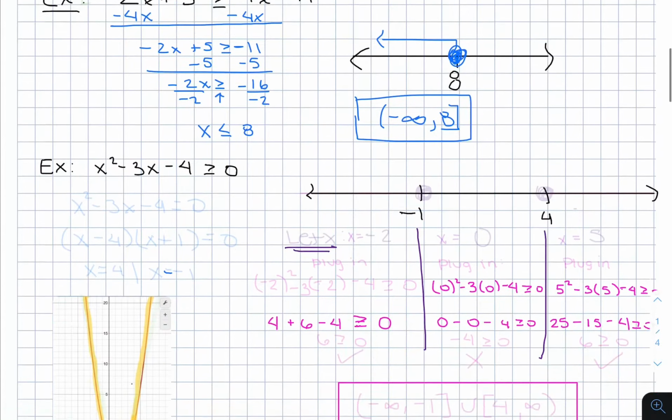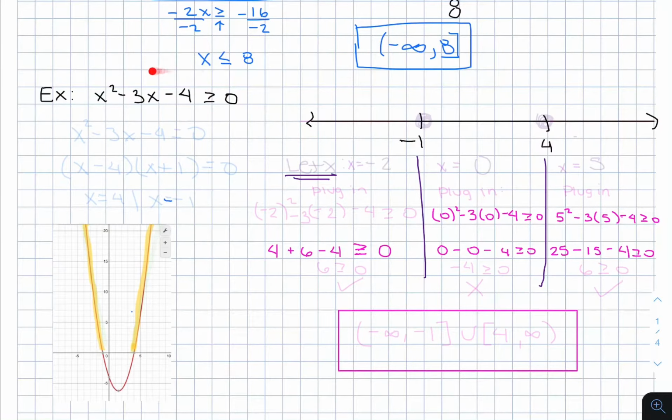In this next example, we have a quadratic inequality. What this means is that it is going to have x-intercepts, and again, it has no vertical asymptotes or holes because it's a polynomial. So to find the x-intercepts, we have to just set the function x squared minus 3x minus 4 equal to 0 and solve for x. In order to do that, we can factor this.